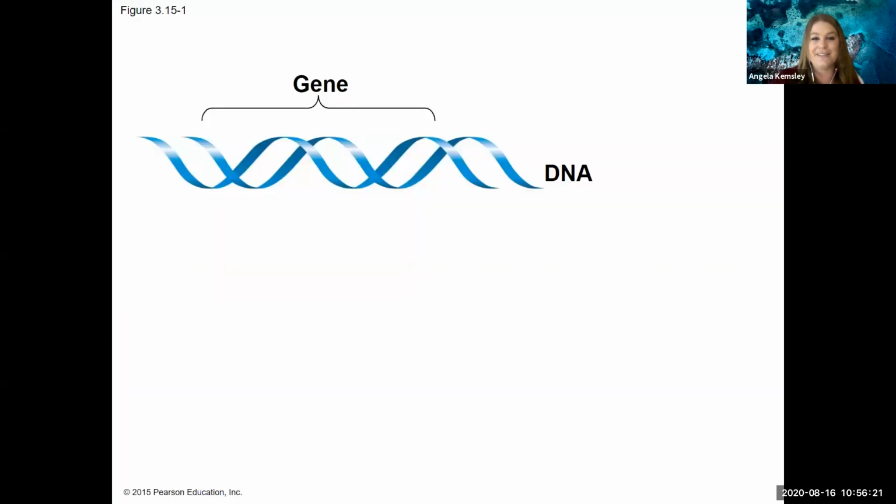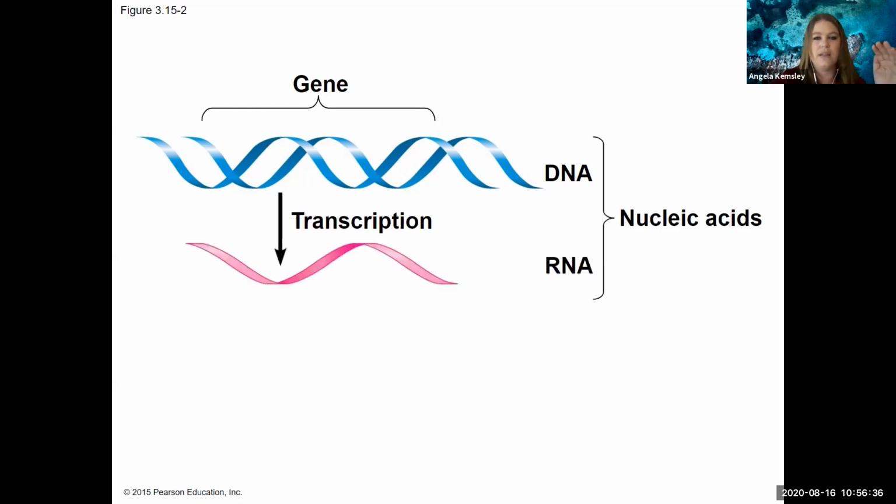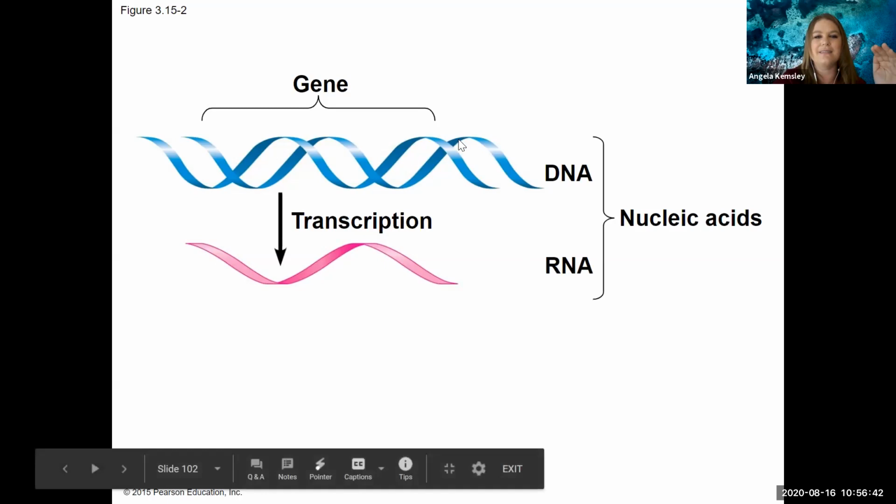All right, so here's a gene, which is basically a part of DNA. So we have a particular sequence of DNA that is a gene. Remember, genes are what is passed on to our kids to tell their cells what to do. That DNA is transcribed into RNA. Notice DNA is usually a double helix. So there's 2 strands of DNA.